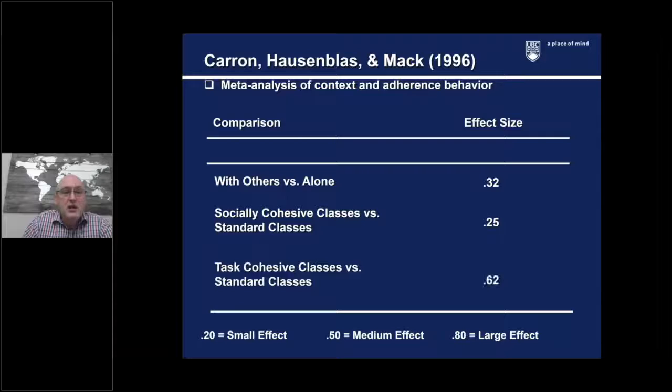When they also engaged in socially cohesive classes, those folks tended to stick with those classes to a larger extent than those that weren't cohesive, and those that were task cohesive, so those groups were united around the task activities, tended to be much more adherent to those sorts of programs. So when we take all of this together, groups, and in particular cohesive groups, tend to derive improved levels of adherence relative to certainly exercising on one's own.